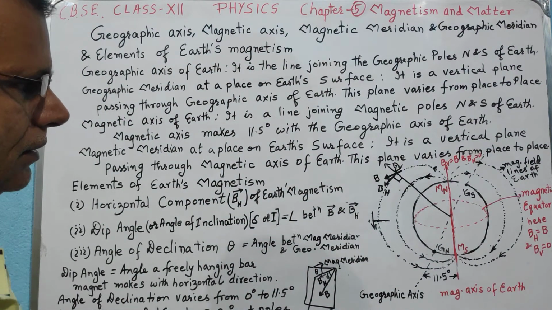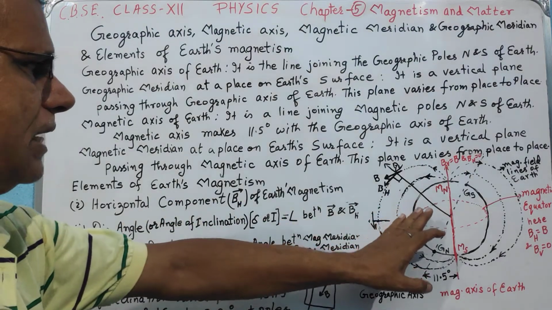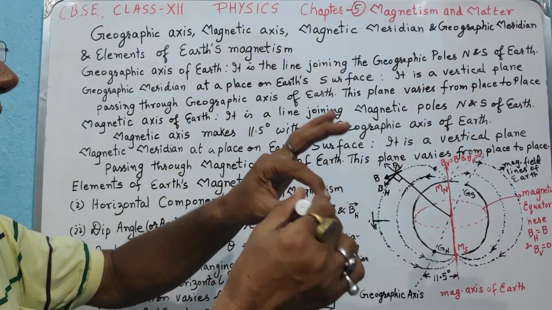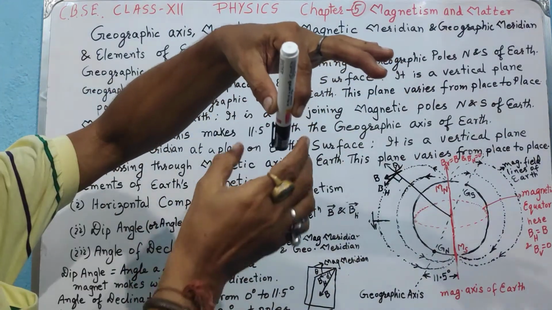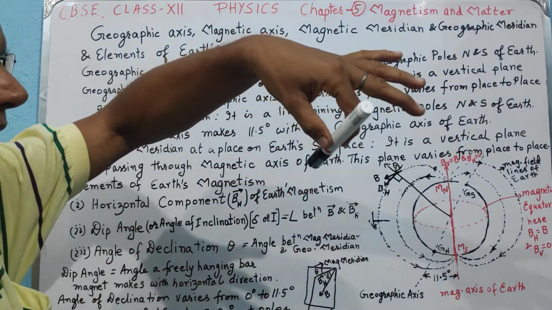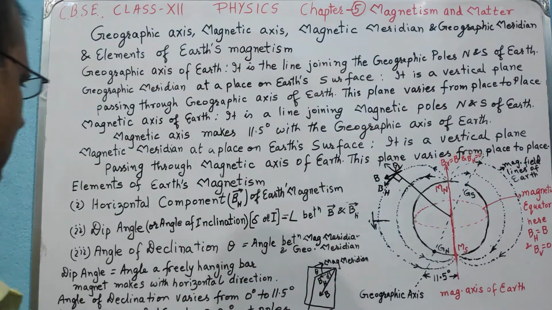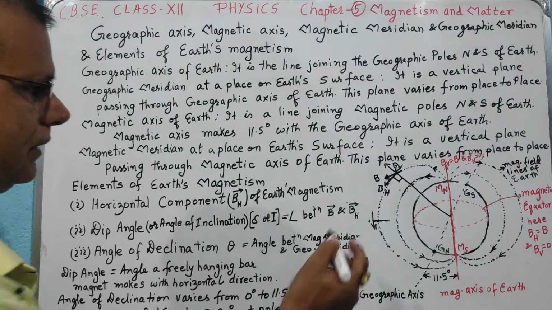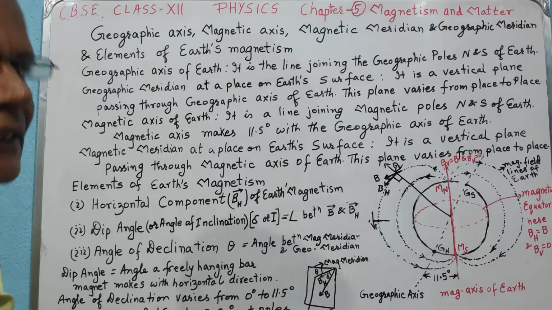So now you see, when we talk about the horizontal component, we have now understood that if we hang a bar magnet freely by means of a thread, then the magnet usually dips, one of its poles dips down from the horizontal level, and the angle that it makes with the horizontal direction is known as the dip angle, and that is the direction of the horizontal component of magnetic field making with the Earth's magnetic field at that place.